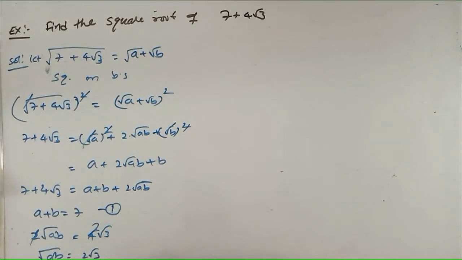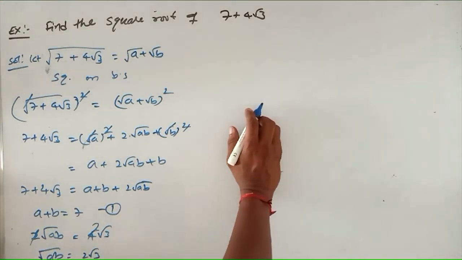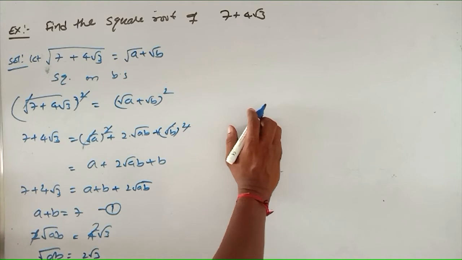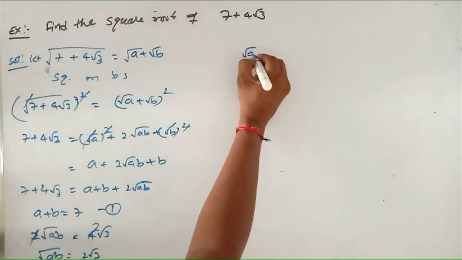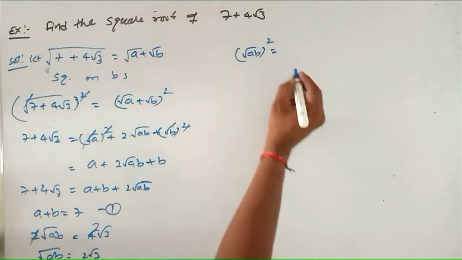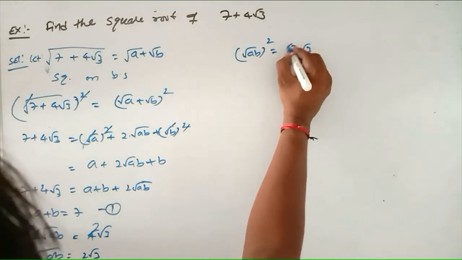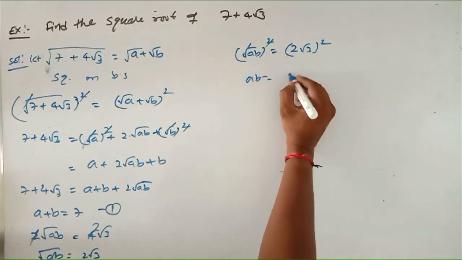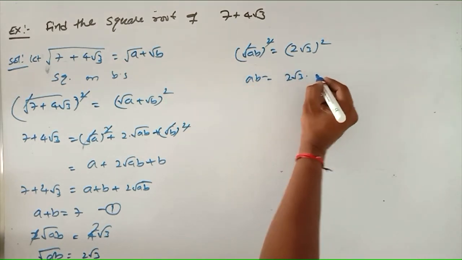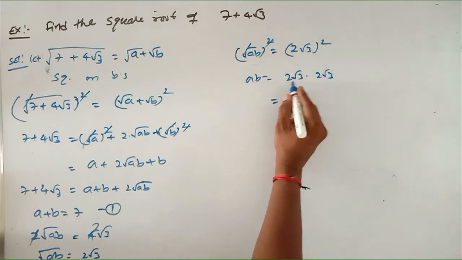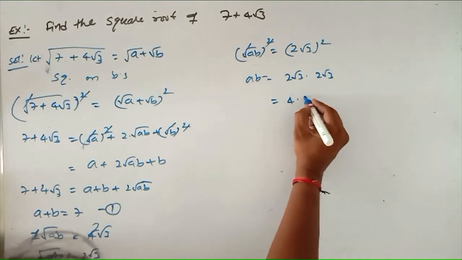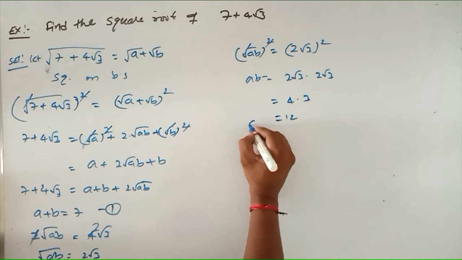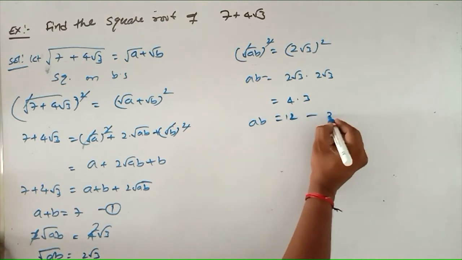Now again doing squaring on both sides, root ab whole squared is equal to 2 root 3 whole squared. The square root cancels. ab is equal to 2 root 3 into 2 root 3, that is 4 into root 3 into root 3, which is 3, that is equal to 12. ab is equal to 12. This is the second equation.